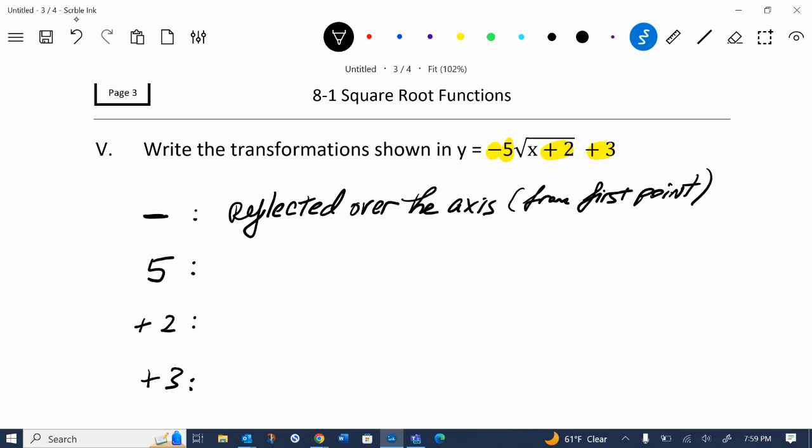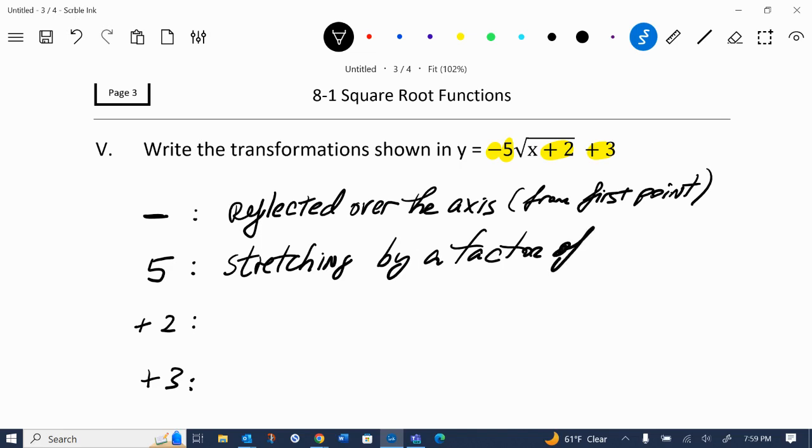The 5 means that it's either a stretch or a shrink of it. In this case, it's making it much larger, so it's stretching it. Stretching by a factor of 5. Now, it doesn't really matter much, but I'm going to change the word here to stretched just to go along with past tense.